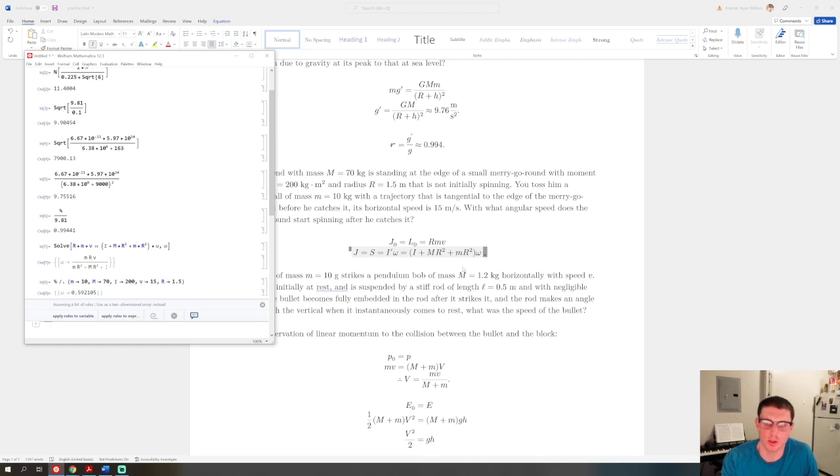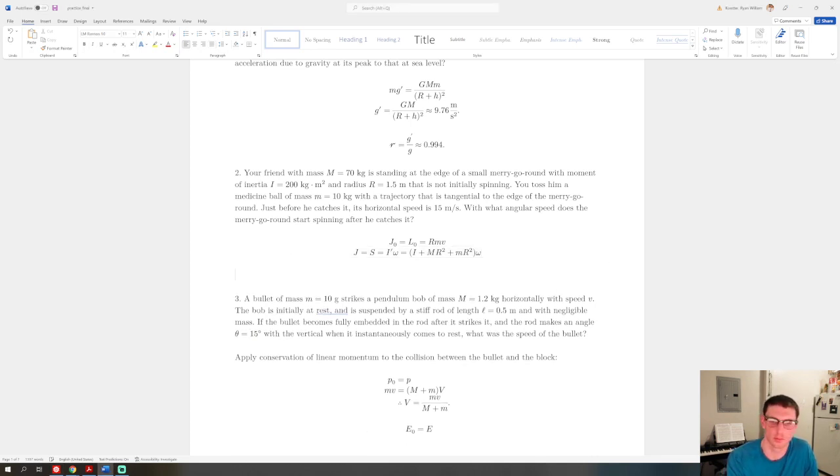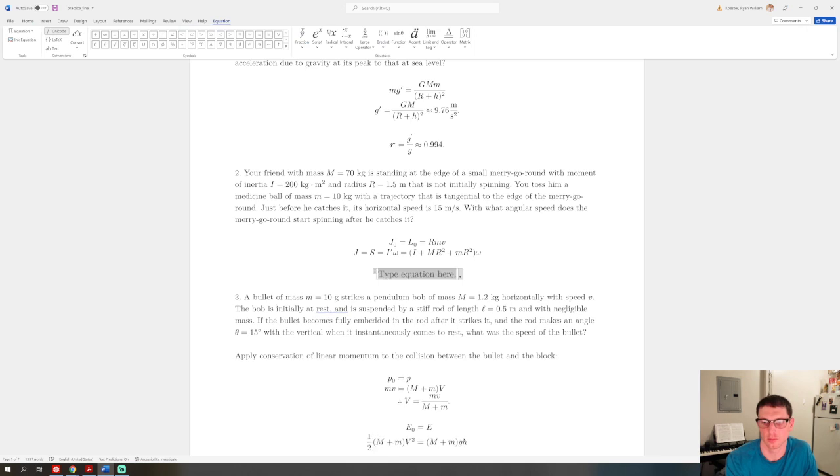So about 0.6 radians per second. Let's say J naught being equal to J final implies that omega is approximately 0.592 radians per second.